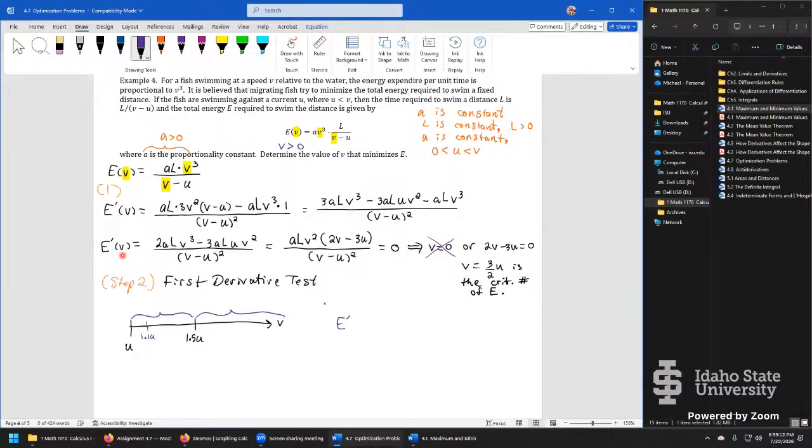The rate of change of energy expenditure at 1.1u is plugging in a value for u, exactly where v is, the independent variable. This would be AL, (1.1u) squared. We're putting 1.1u right here for v, so that's 2.2u minus 3u, all over (1.1u minus u) squared.